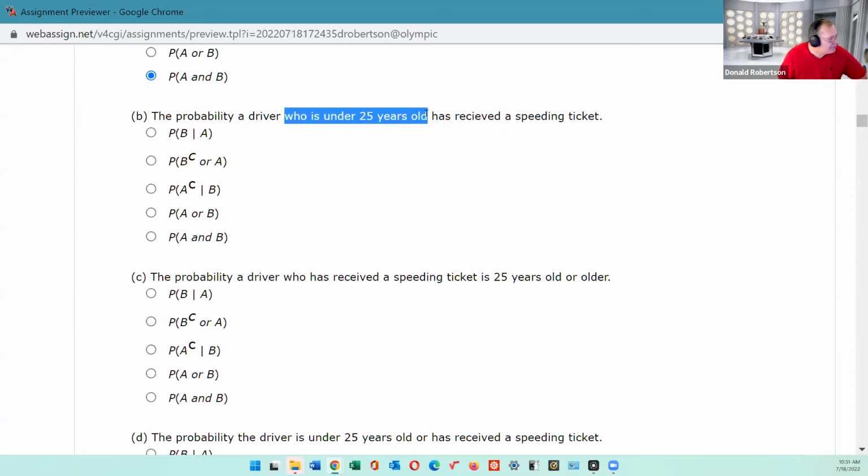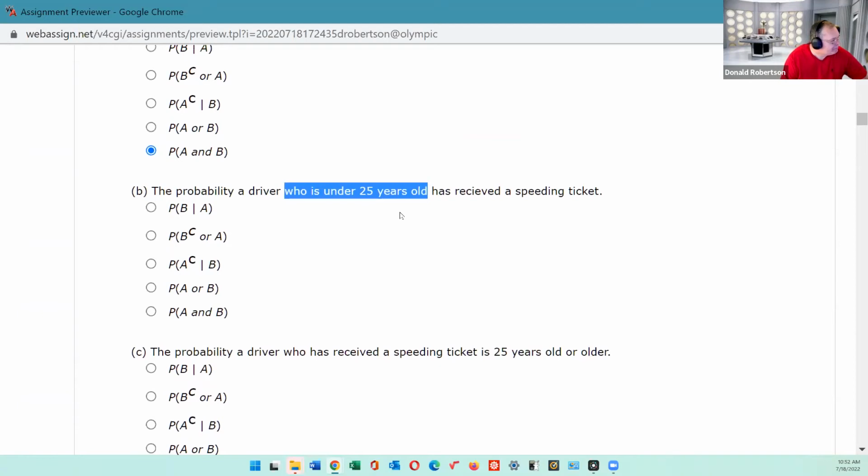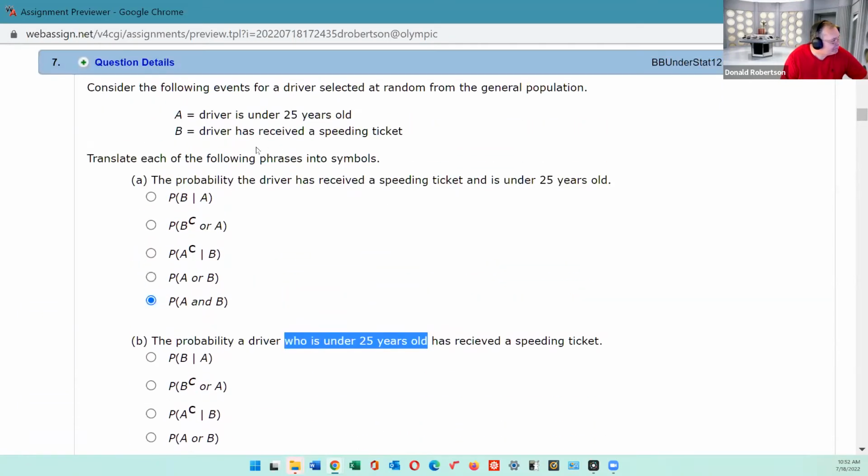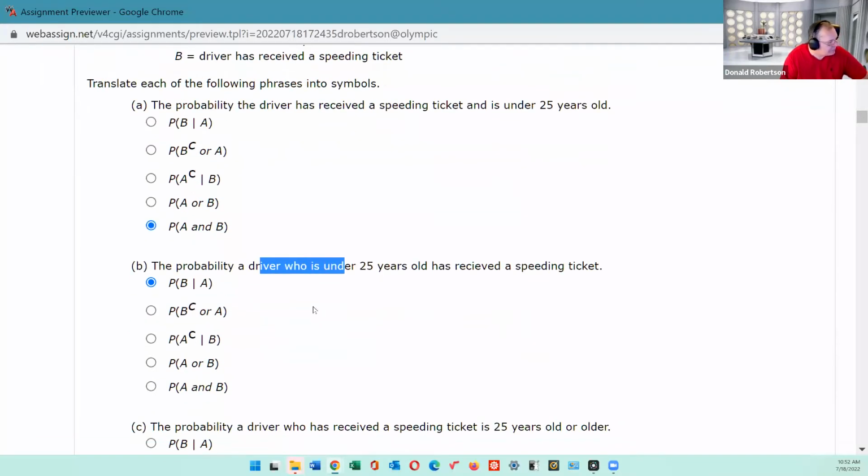And isn't that the B? No, the A, sorry. The driver is under 25. You are telling me he's under 25. And so it's a ticket, that's B, given it's an A. So that's this one here, right? The probability that I've received a ticket, B, given that I'm under 25, which I am.